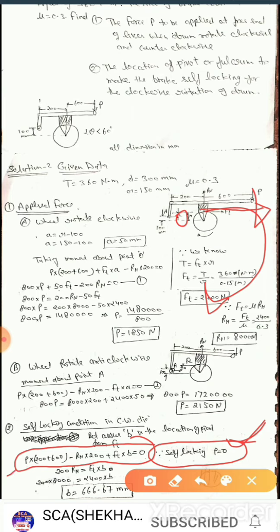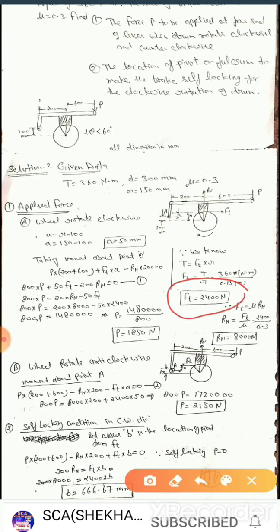Putting this in the equation, we get 200 Rn equal to Ft into B. Putting the value of Ft as 2400 Newton and the value of Rn as 8000 Newton in this equation, we can find the value of B.